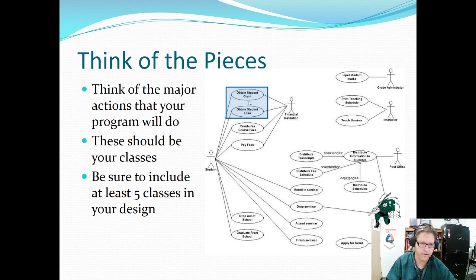If we were looking at just these two right here, we'd have a student. We'd have a financial institution to interact with. We'd probably write a grant class and a loan class because they're handled differently. We may use an inheritance with them.